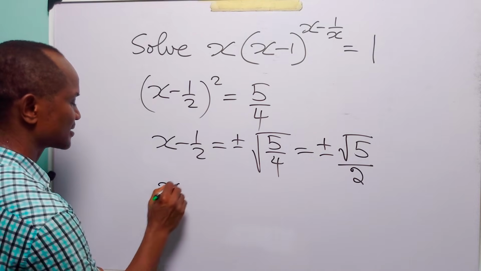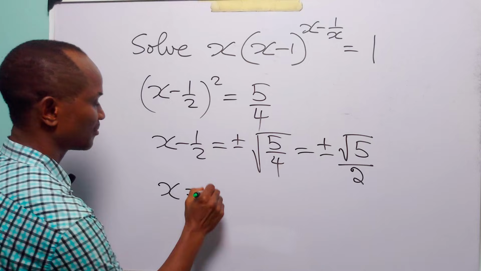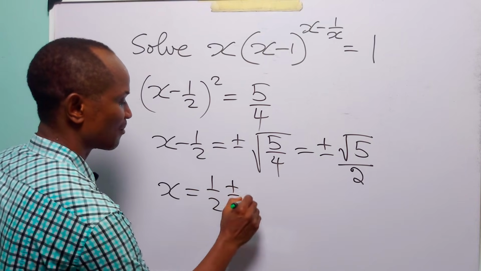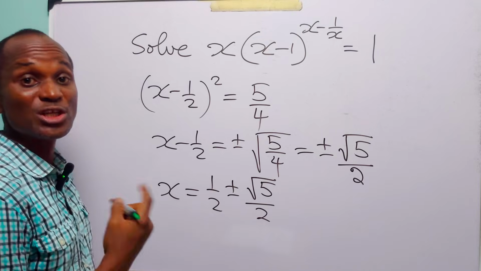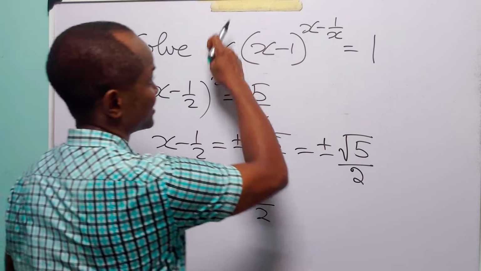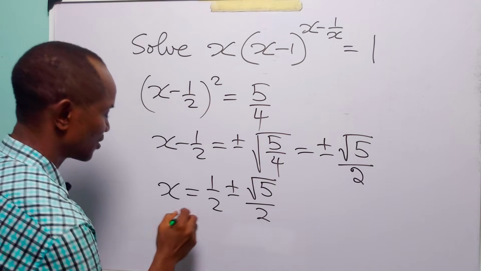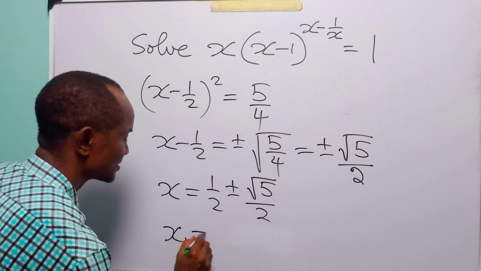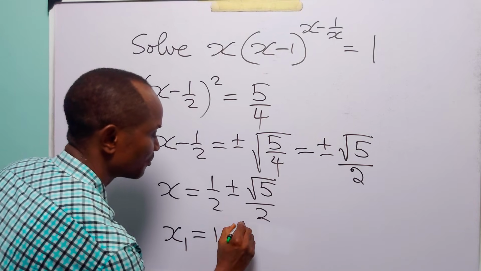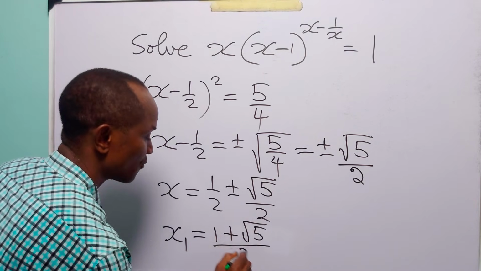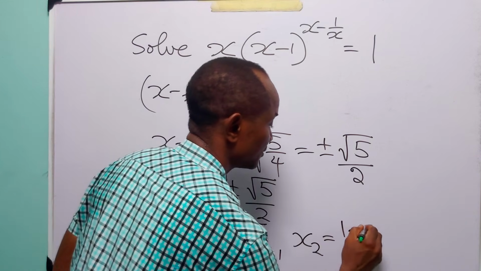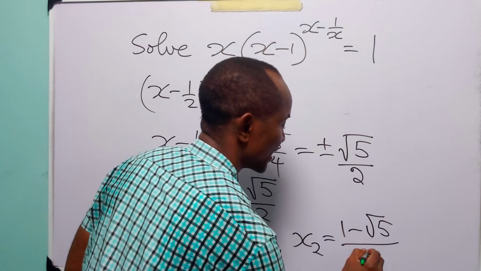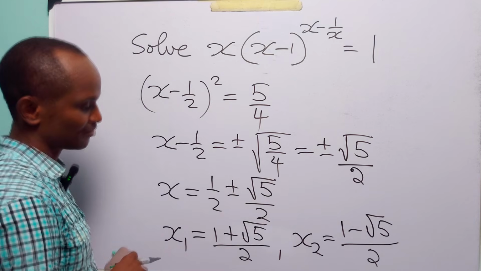So we have that x is equal to 1/2 plus or minus root 5 over 2. So the two values of x that satisfy this algebraic equation are x equal to (1 + √5)/2 and x equal to (1 − √5)/2.